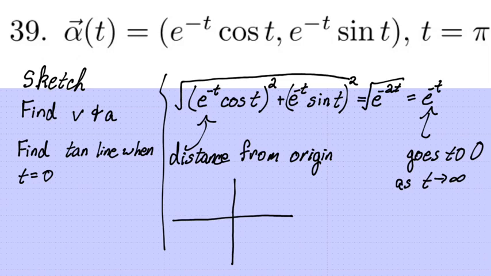So what this guy is doing is spiraling towards the origin, right? And so this is the point when t equals 0.